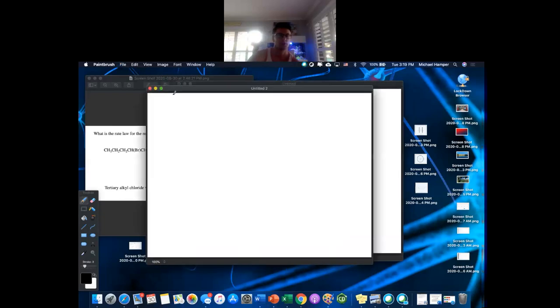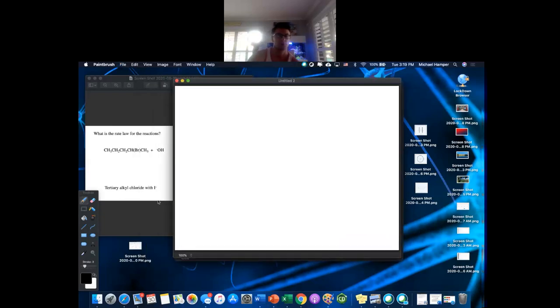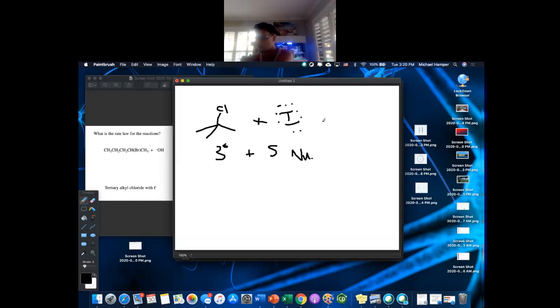Going along to the other example, we have a tertiary. So just to draw this out, we have a tertiary and we have a strong nucleophile. What kind of reaction is going to occur?